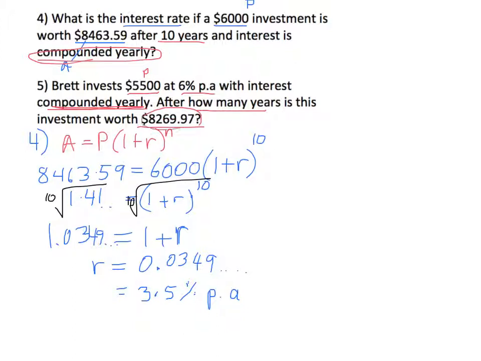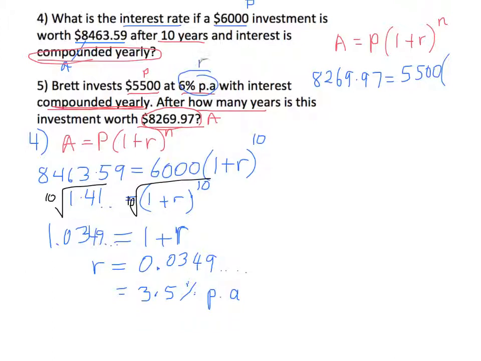So that amount there is going to be our A. So, substituting into the compound interest formula, we're trying to solve this time the equation for N. So, A is 8269.97. That's going to equal P, which is 5,500, brackets, 1 plus R. Interest rate is 6% per annum, or 0.06. So, that's 1.06 to the power of N.